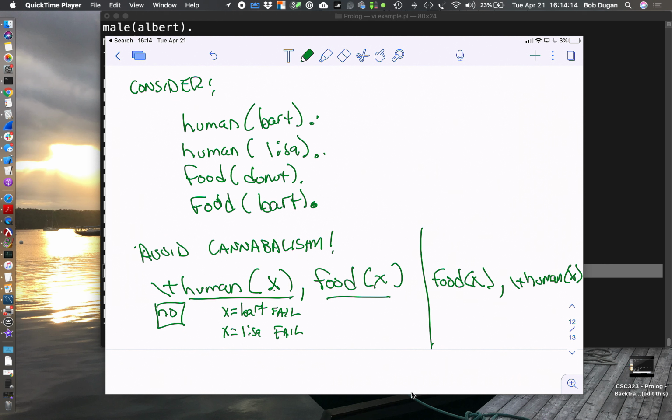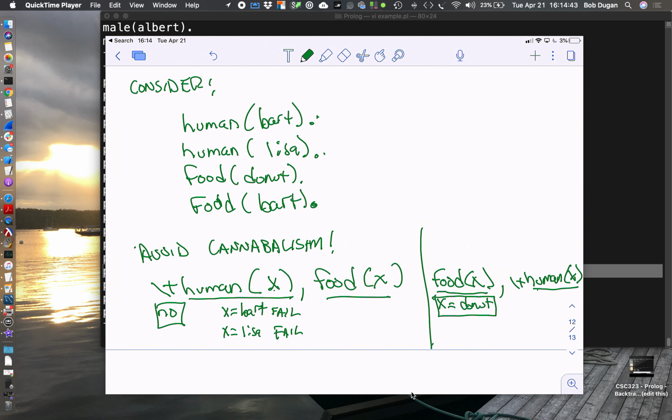If we do that, we're going to have X equals donut, and that will make food true. And if we try to say human donut, that returns false, and then not false is true. So this is going to work. X equals donut is going to work.